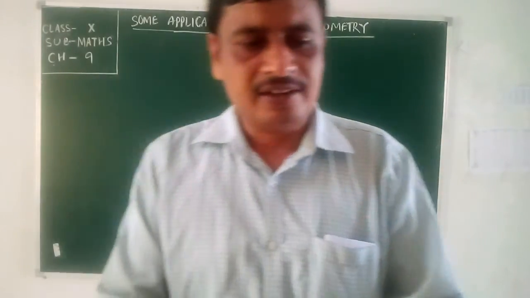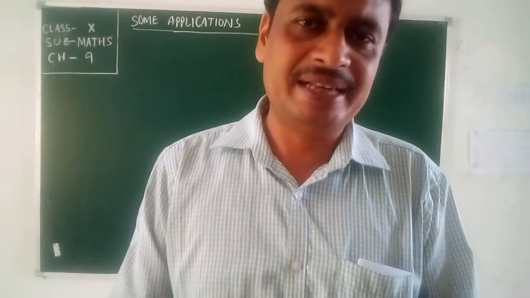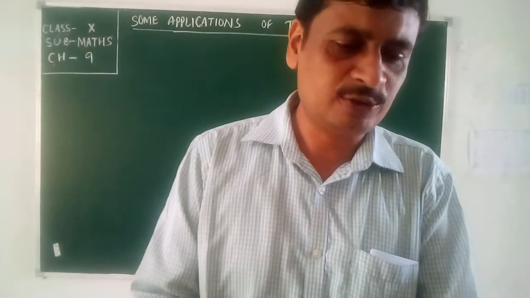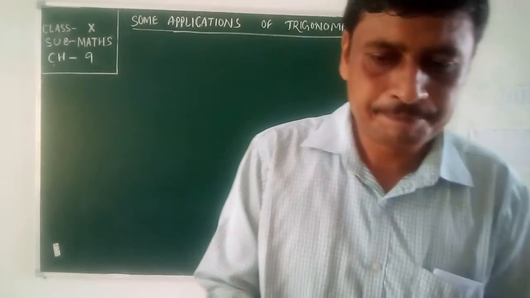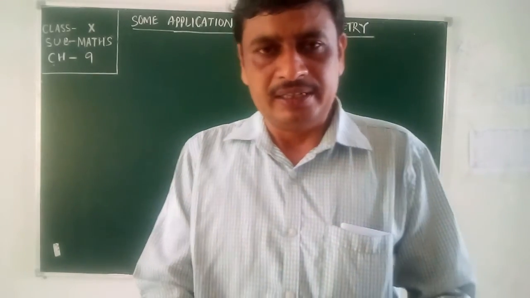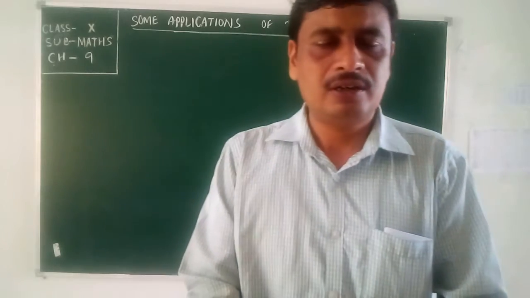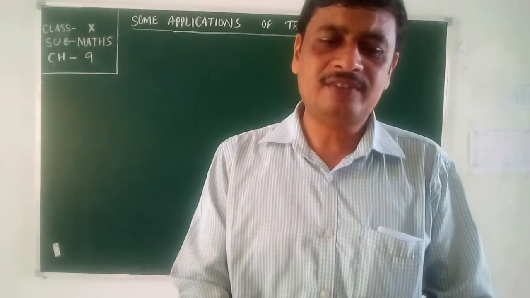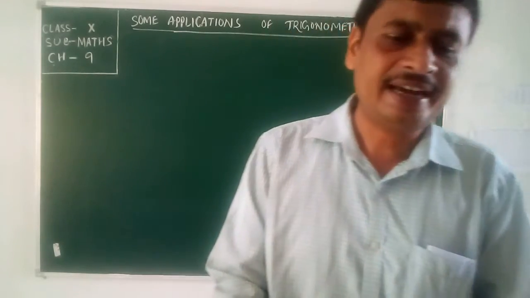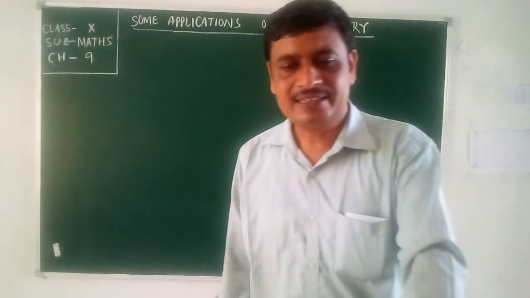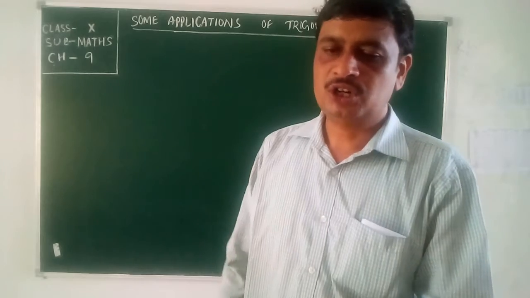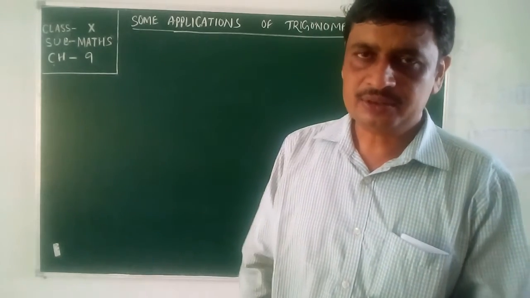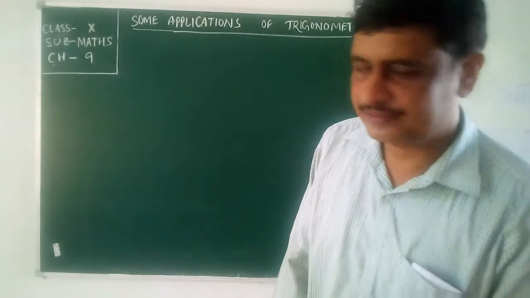Let's study how height and distance can be measured by using trigonometric ratios. In this chapter, we have to know about angle of elevation, angle of depression, line of sight, and horizontal level, and how it is located.